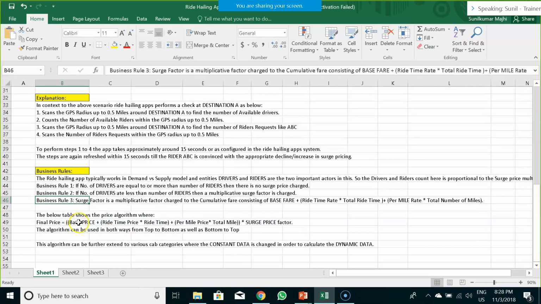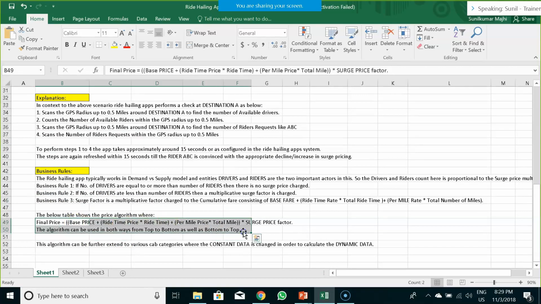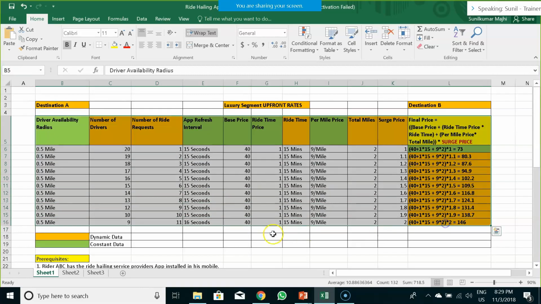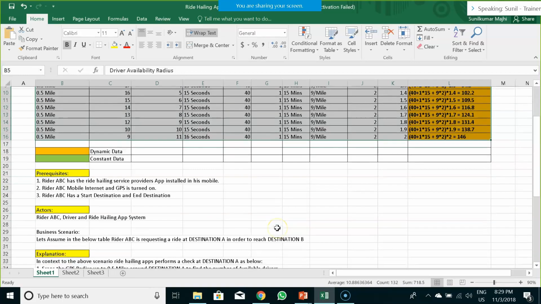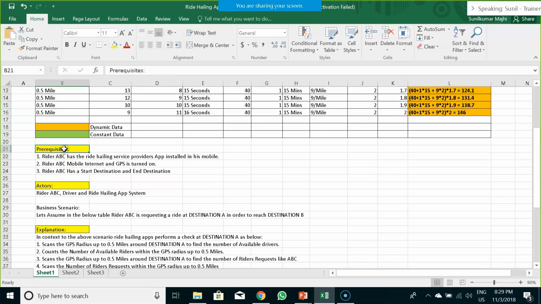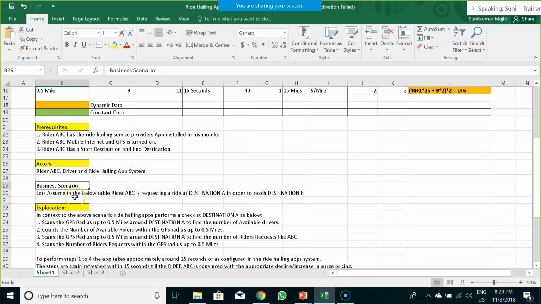After that, whatever table you have developed, you can include that table for an easy illustration of what you want to convey. So whenever you are working as a business analyst, and someone asks you to design a particular algorithm based on certain facts and figures they have provided, you have to first understand the prerequisites. You have to then identify the actors. What is the business scenario?